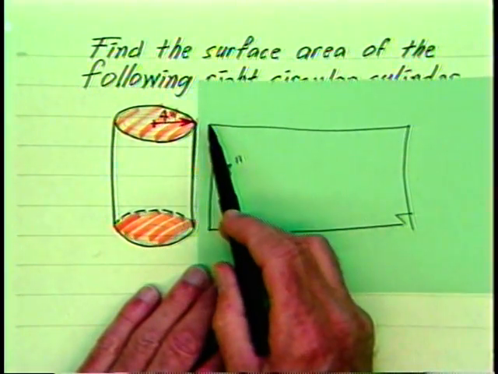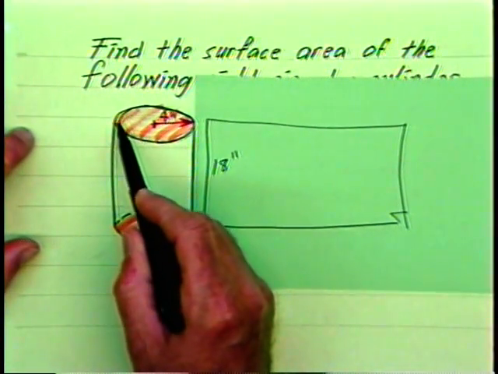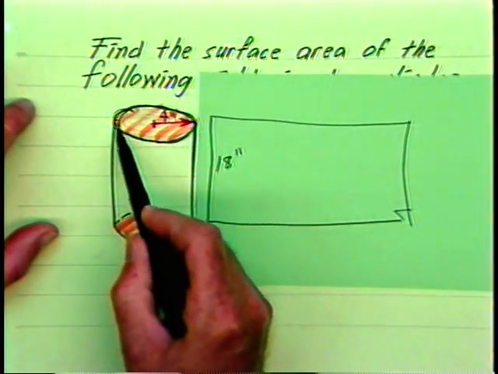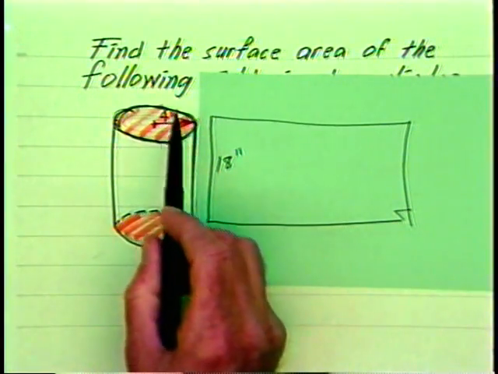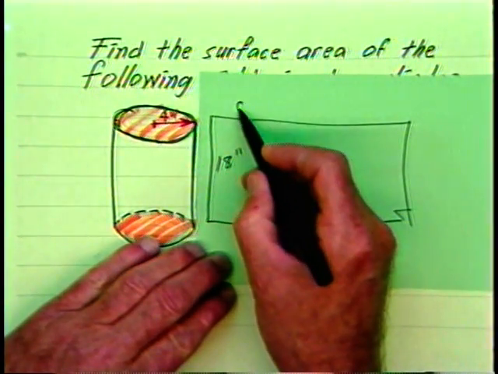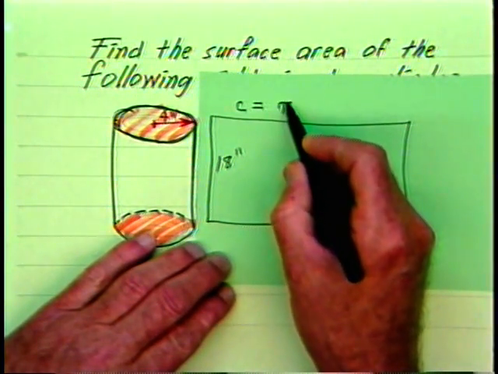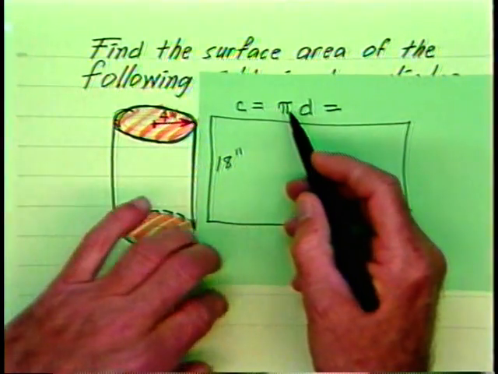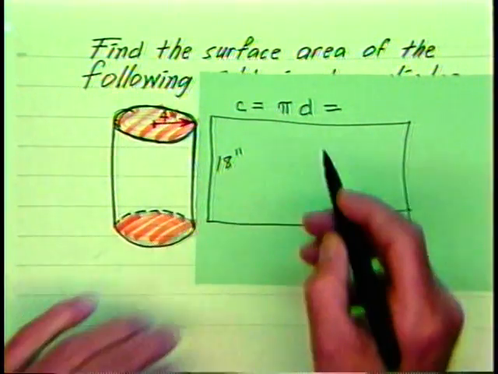And you can see that the length of this sheet that wrapped around this cylinder is the same as the distance around the cylinder, which several lessons ago we learned to call the circumference. And the circumference was pi times the diameter. And of course we know what pi is, and the diameter is twice the radius, or 8.